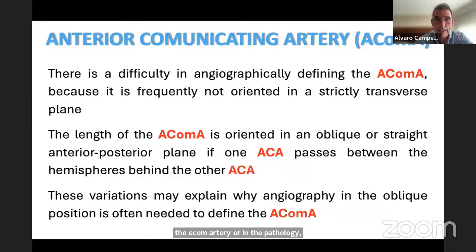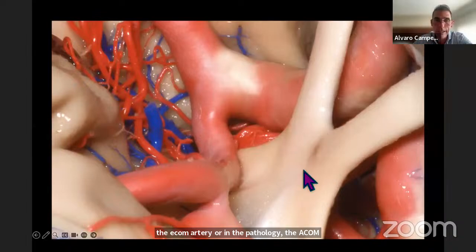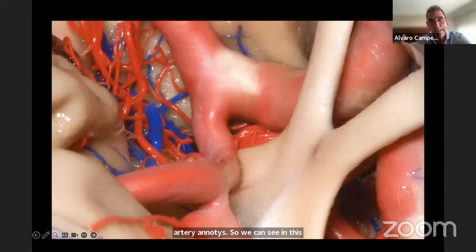ACom artery aneurysm. We can see in this surgical view, like a right pterional approach, this is the right and the left optic nerve, this is the chiasm, this is the lamina terminalis, and this is a little bit of A1 and A2 on the right side, and here the A1 and A2 on the left side.